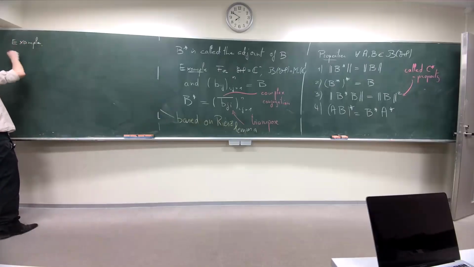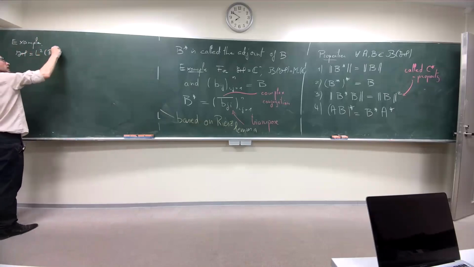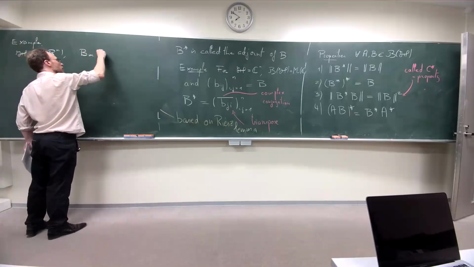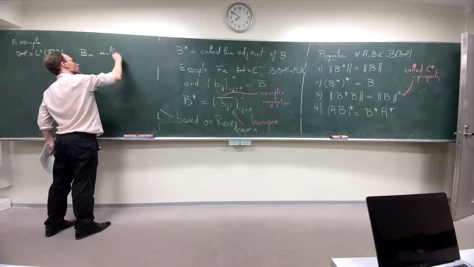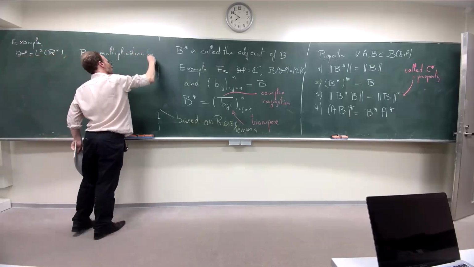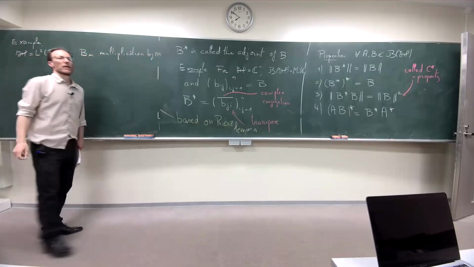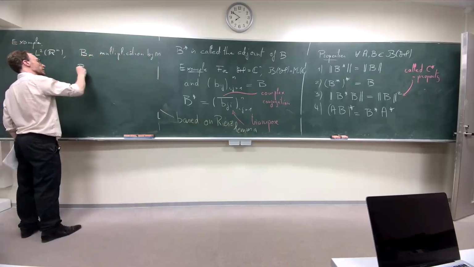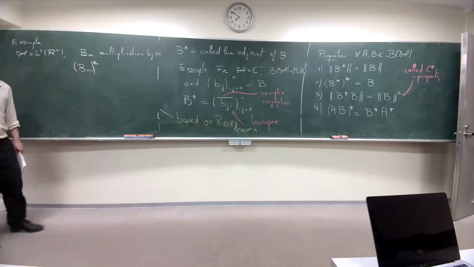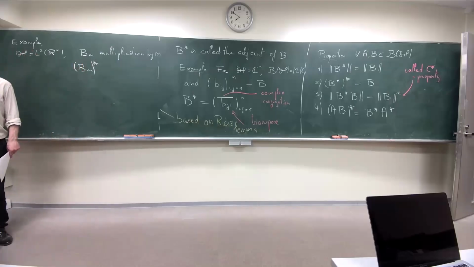I recall that H was L2 of Rn, and this bounded operator was multiplication by M. So can you guess what is B_M adjoint? Try to imagine you put it in a scalar product.